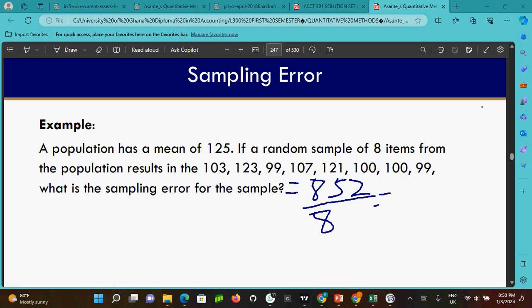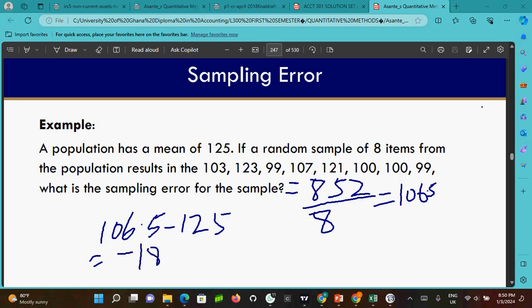So divided by 8, I'm getting 106.5. So the sampling error will be 106.5 minus 125, which will be equal to negative 18.5.